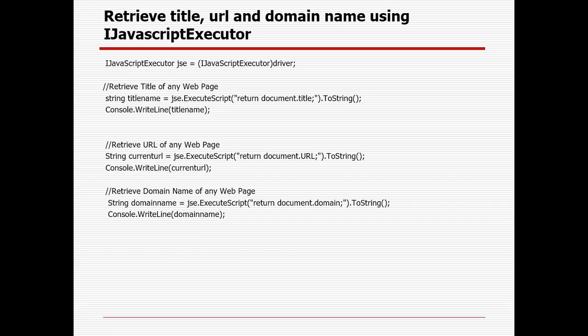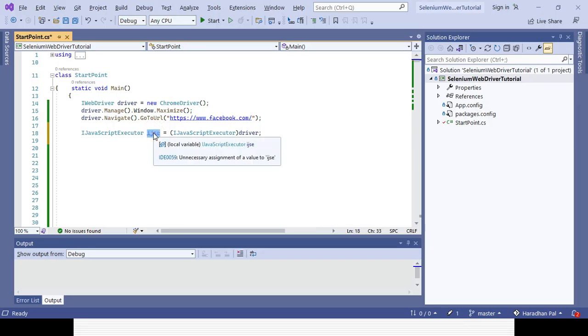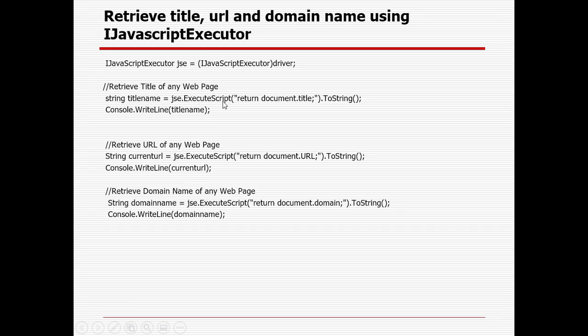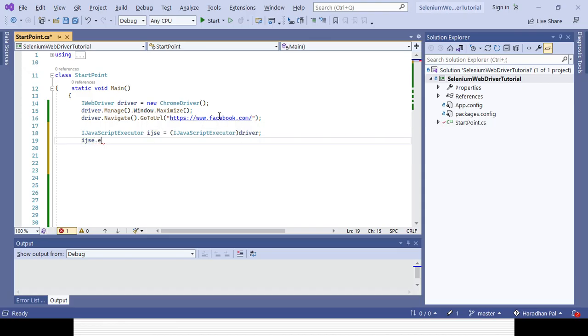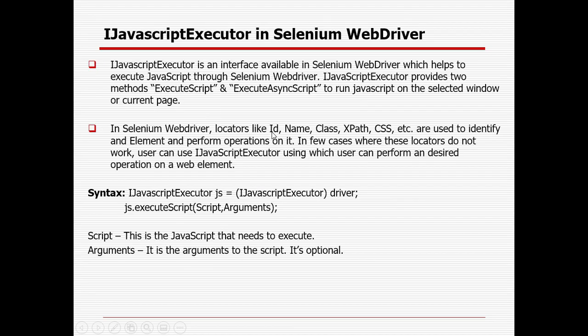Once my object or instance is created for the IJavascriptExecutor, I will be calling the ExecuteScript method. There you can see there are two methods, execute asynchronous script and execute script. So I will be using execute script. Here I need to provide the script and argument, right?